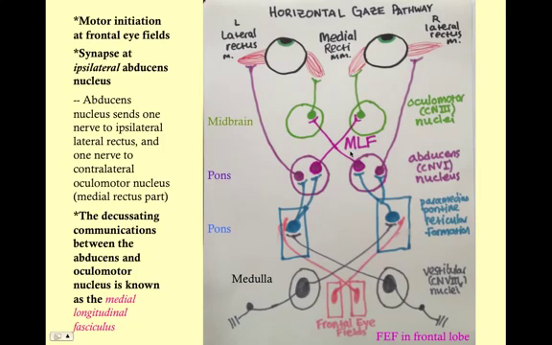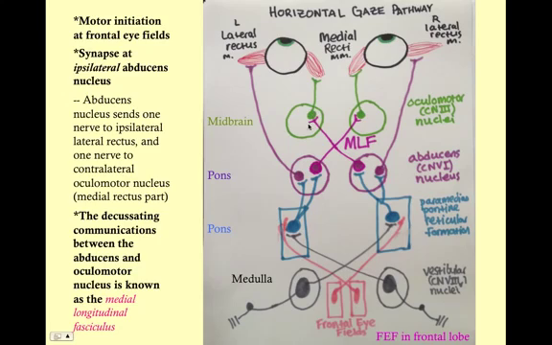Now, what do we consider the right MLF and the left MLF? It's going to be where it synapses. So the MLF that synapses at the left oculomotor nucleus is considered the left MLF. This part right here. And the right MLF is going to be this part right here.